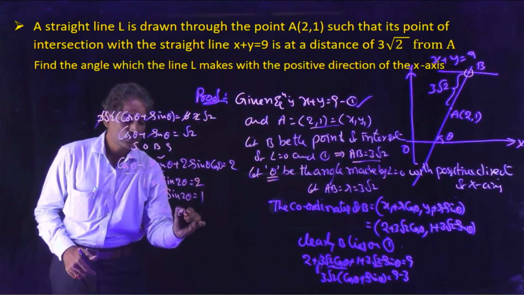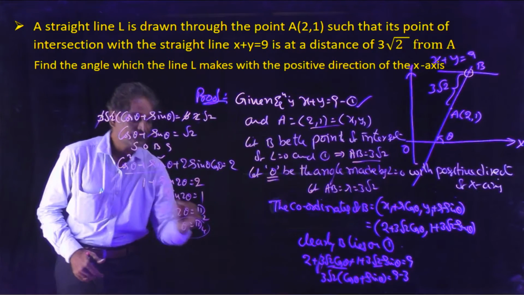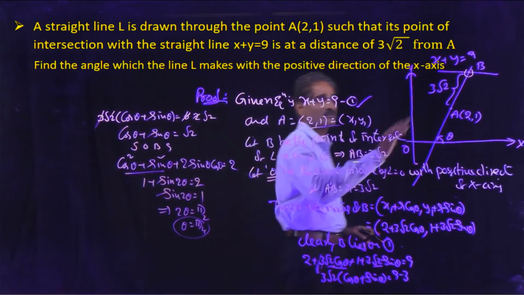This implies 2θ is equal to π/2, so θ equals π/4. This is the inclination of this line.